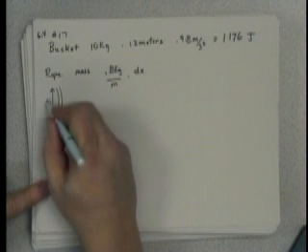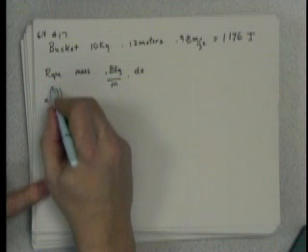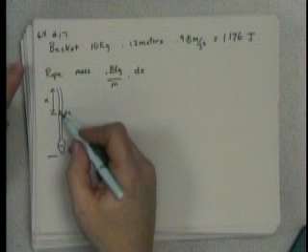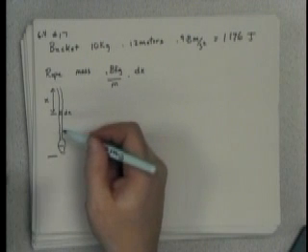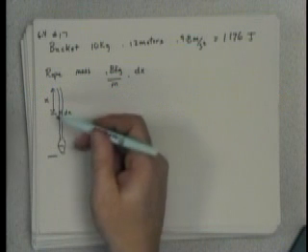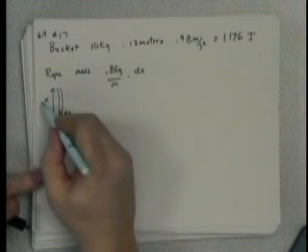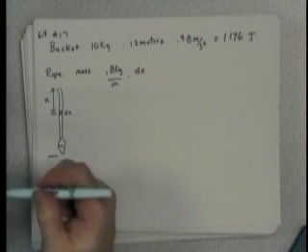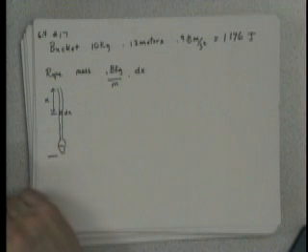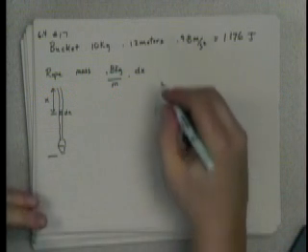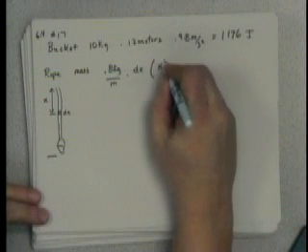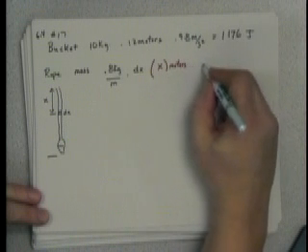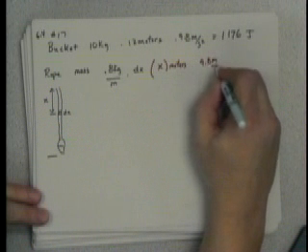If I define x from the top to the bottom, x is how much I lift it. Another typical choice for x might be from the ground up. It's your choice, but then this would be 12 minus x. It doesn't really matter which way you go. So each slice is lifted x meters, and the acceleration due to gravity is still 9.8 meters per second squared.